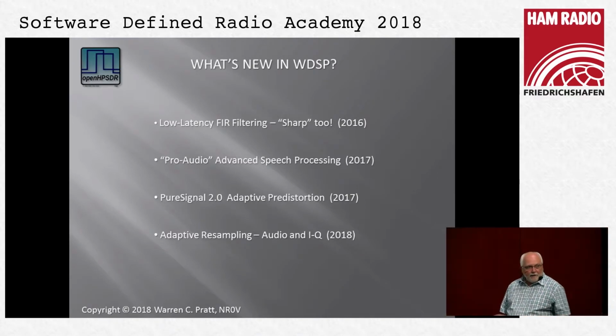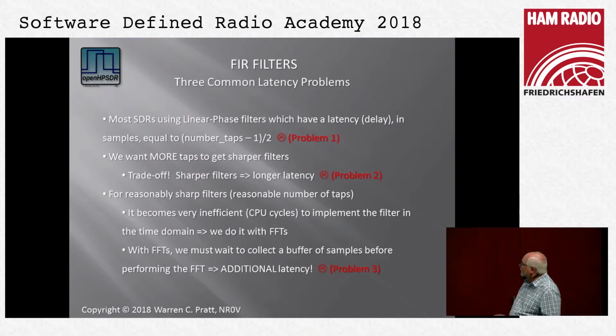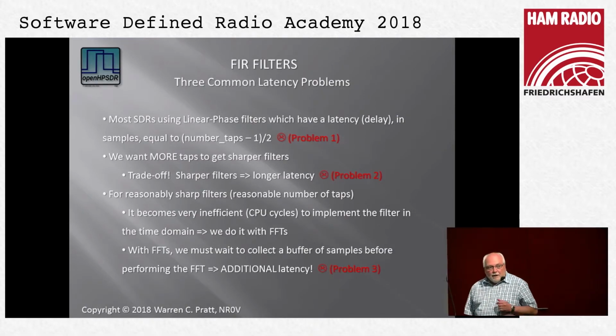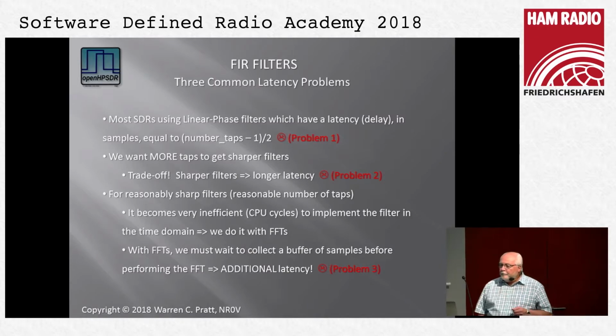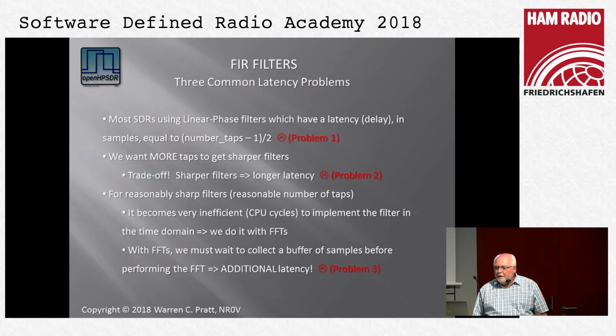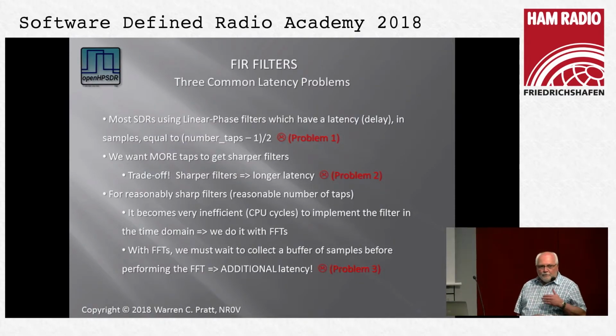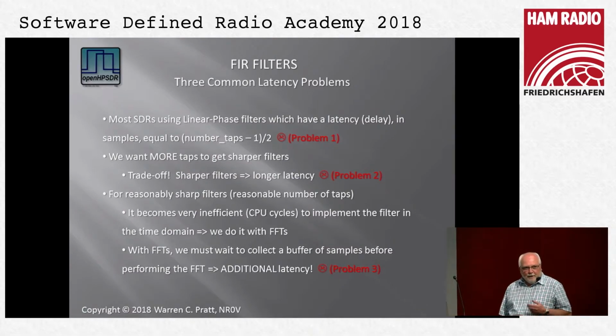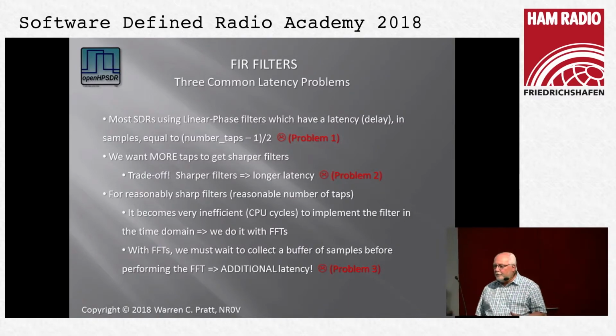Let's jump right in on FIR filtering. There are three common latency problems with FIR filters, and the first one is that most SDRs use linear phase FIR filters, which happen to have a lengthy delay related to the number of coefficients in the filter. Secondly, we like sharp filters, and to get sharper filters, we have to use more taps, and so we have even more delay to get sharp filters.